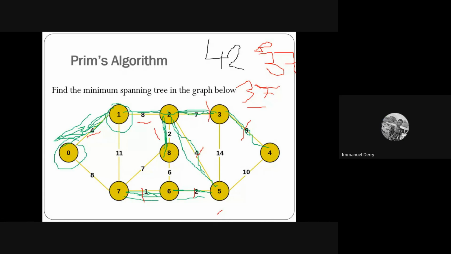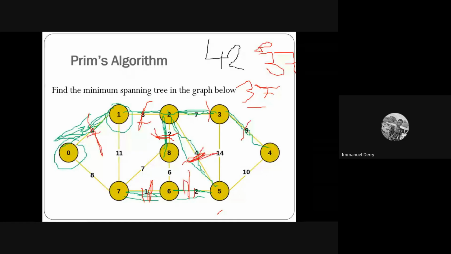So we have this one here, which is 4. We have this 8, which is 12. We have this one 2, which is 14. We have this one, which is 1, which is 15. We have 2, which is 17. We have 4, which is 21.